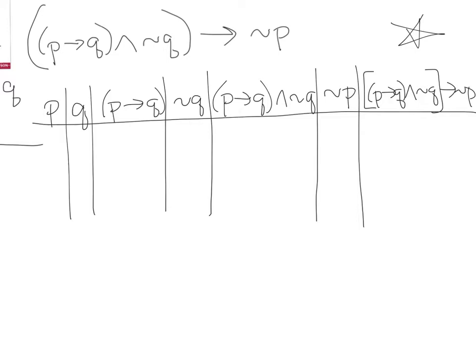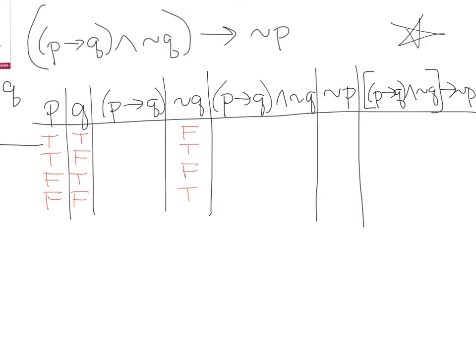So first, let's do our initial columns. So for 2 statements, the P will be 2 truths and 2 false. The Q will be every other, true, false, true, false. Okay, then I think the negation columns are the easiest ones, so I'm going to do that first. The negation of Q would be false, true, false, true.